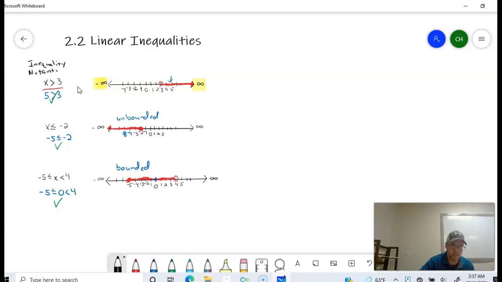That's just going to be the x is greater than 3 that I have written here, x is less than or equal to negative 2, and negative 5 is less than or equal to x, which is less than 4. The second one we have is a number line representation.